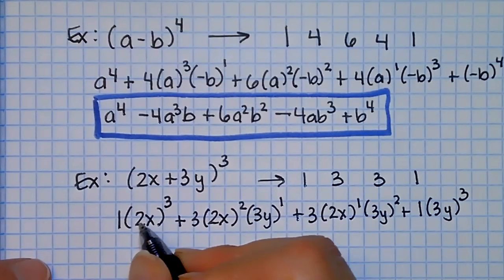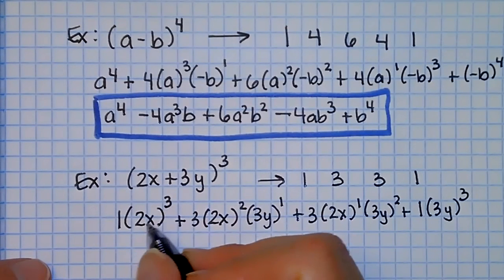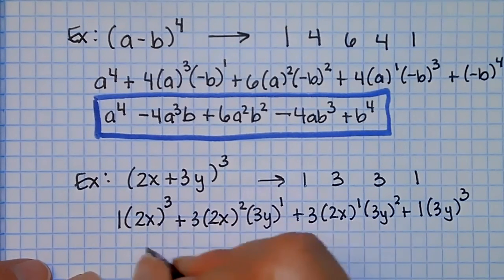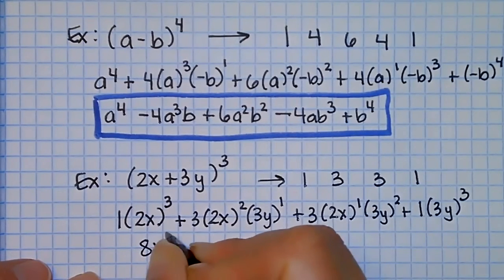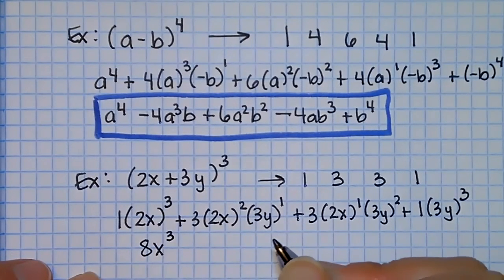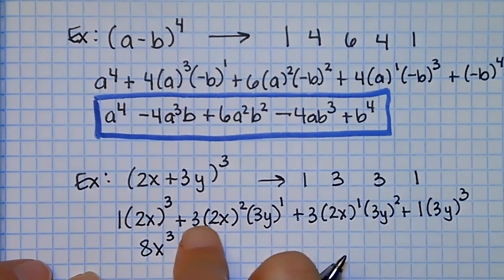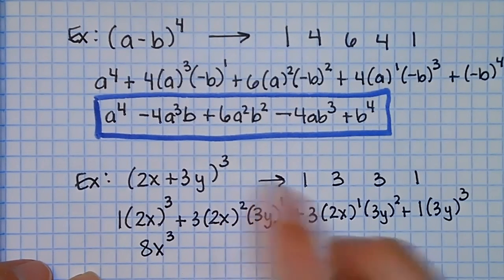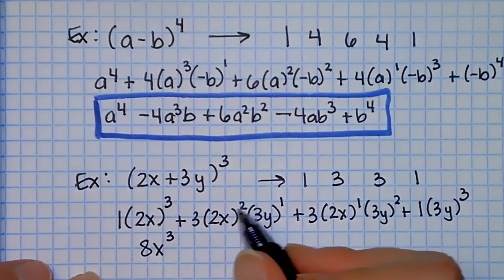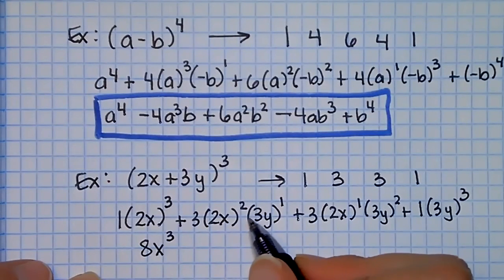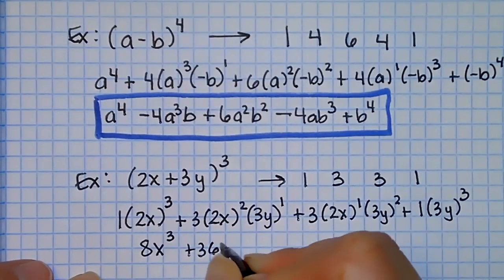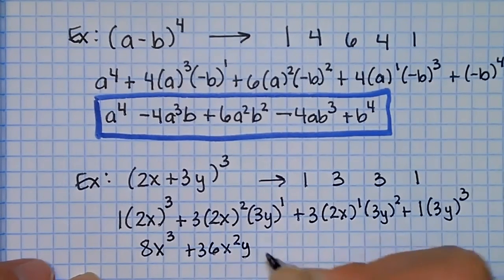So now we're going to work this out. Now understand, this is not 2x to the third, this is 2x raised to the third. So 2 to the third gives me an 8, 8x to the third. Now here, this is a 3. 2 squared is 4 times 3. So 3 times 4 is 12 times 3 is 36, x to the second, y.